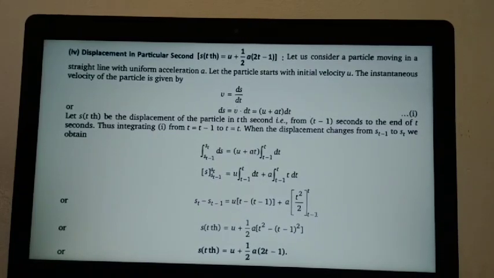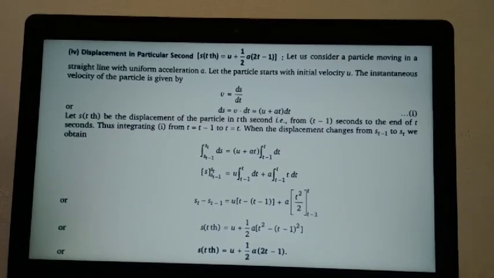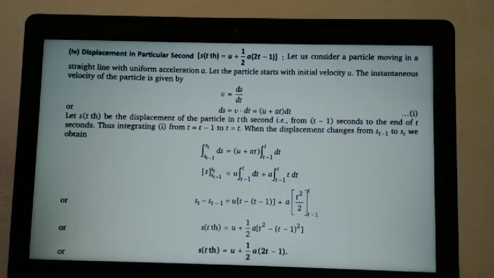So the left hand side will become s(t) minus s(t minus 1). What is that? Displacement in t seconds minus displacement in t minus 1 seconds. That is the displacement in the tth second, denoted as s(tth), which is equal to u into (t minus t plus 1).